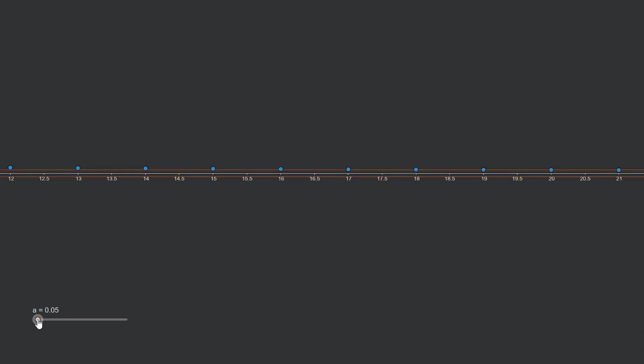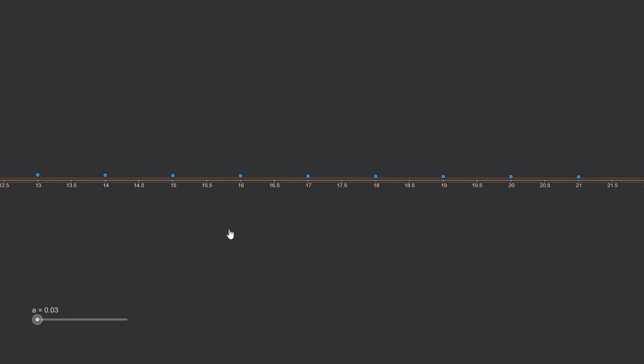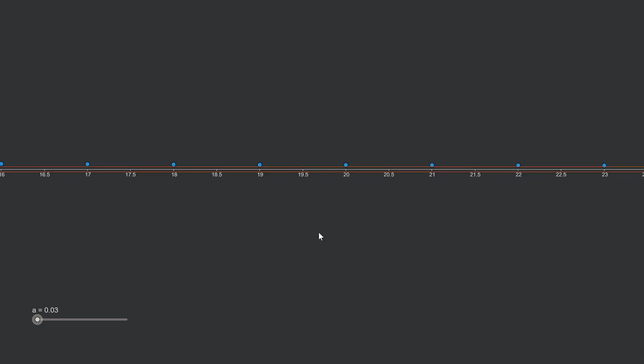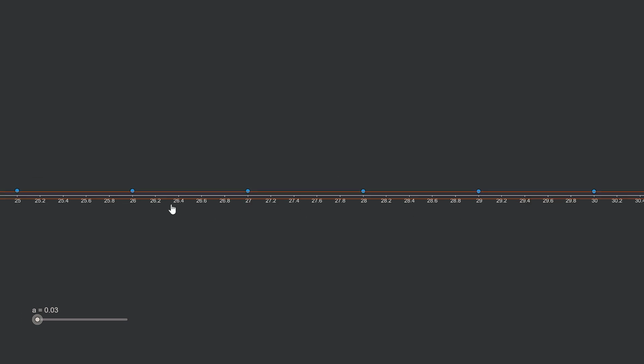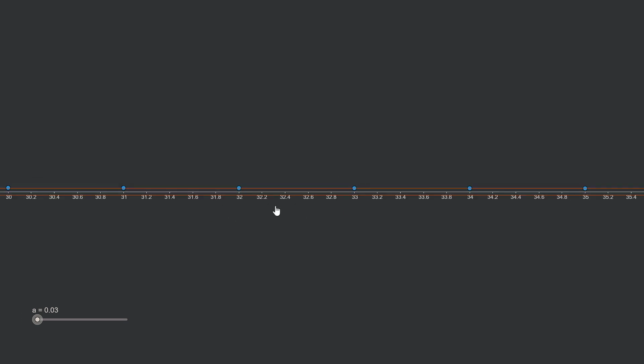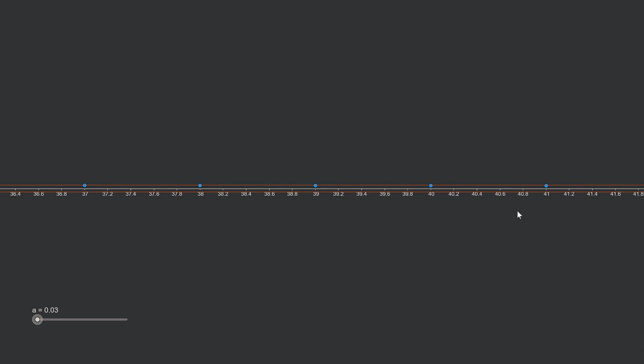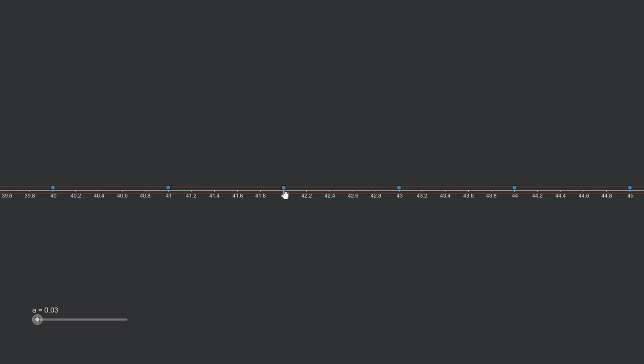Well, that's too small. Let's say like this. And again, if we scroll, we will find some, well, that's hard now because it's very, very far on the right-hand side. Let's say around the 38th or let's say the 42nd member of the sequence, all following members of the sequence lie inside of the interval.